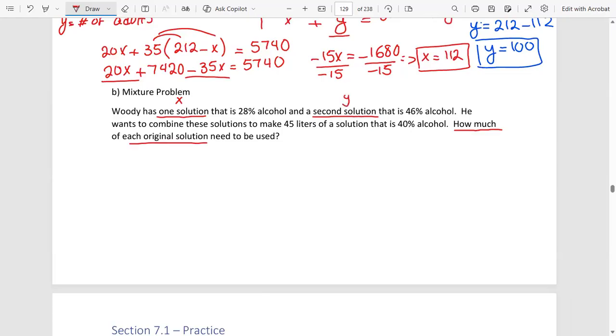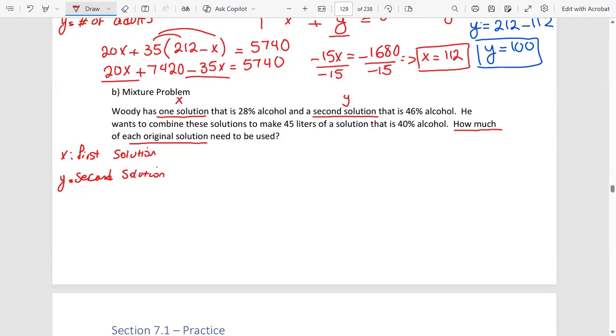Okay, so x is the first solution and y is the second solution, which means x is the solution with 28% alcohol and y is the second solution, which is 46% alcohol. Go back to the beginning, read the problem again, and try to write two equations because we have two variables.